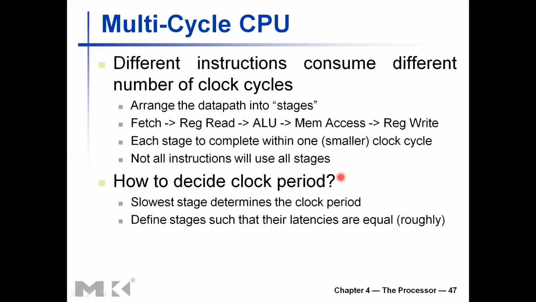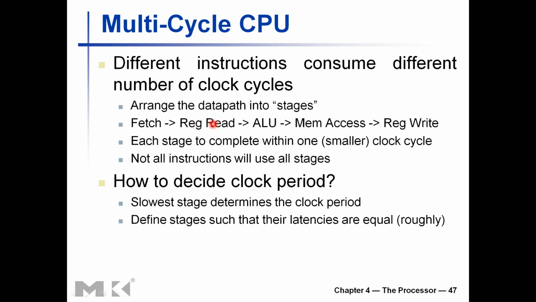How do you decide the clock period in such a situation? For that, again, you need to go for the slowest stage, not the slowest instruction altogether, but the slowest stage. Usually, the memory access stage is the slowest stage. Say it may take double the time required to access the register file.